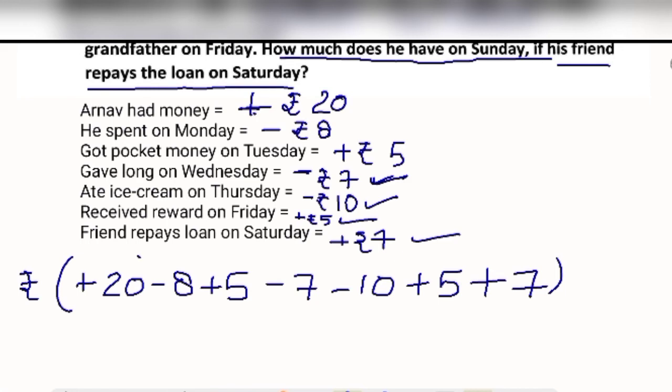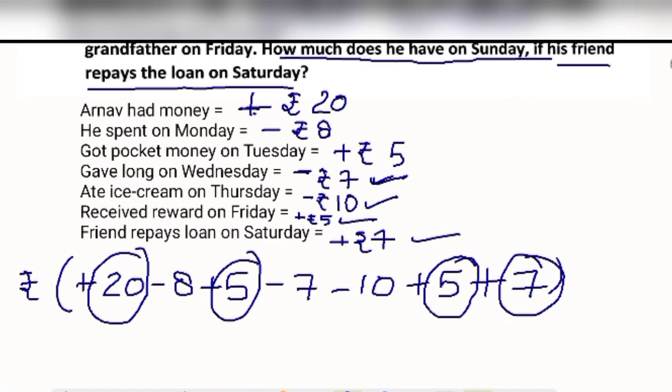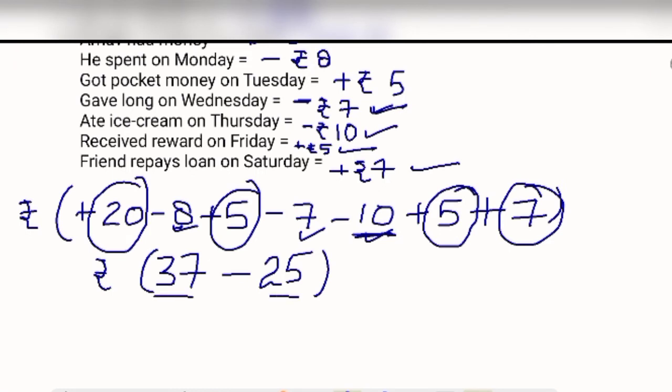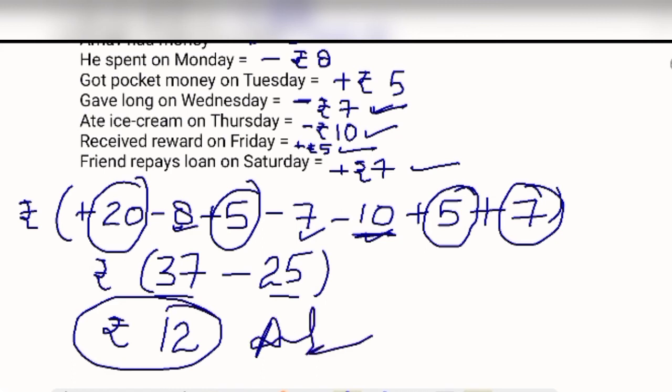Firstly, add the positive values: 20 plus 5 is 25, plus 5 is 30, plus 7 is 37. So in positive we have 37 rupees. Then negative values: 8 plus 7 is 15, plus 10 is 25. Okay. Now both the numbers have different signs, so subtract them. 37 minus 25 is 12. So on Sunday, Arnav has ₹12.